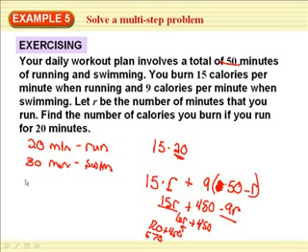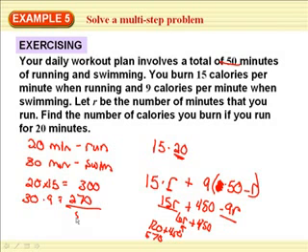Okay, I'm going to be a rebel and do this. I would do 20 minutes of running, 20 times 15 to burn those calories. 20 times 10 is 200, 20 times 5 is 100. That would be 300 calories. 30 minutes at 9 each would be 270, and look what I got, 570.